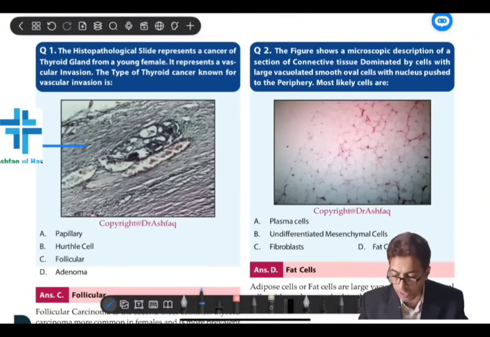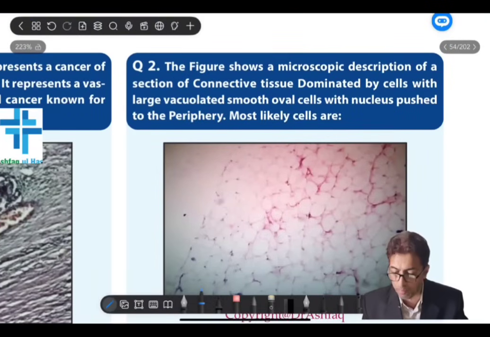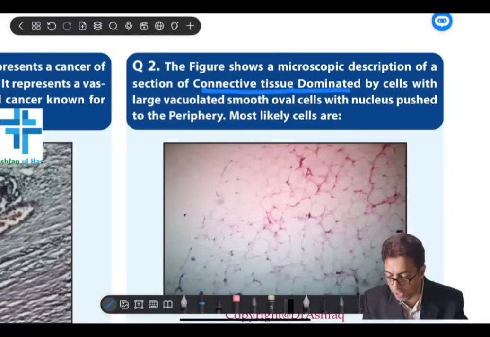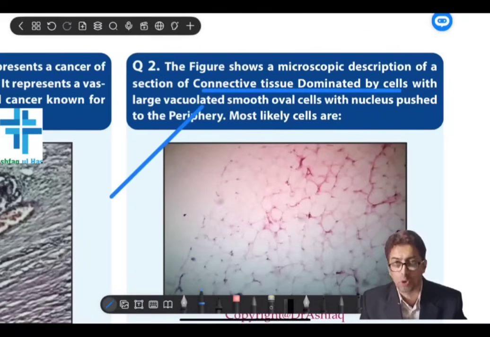Now, there is a question which has been asked. I will just try to magnify. The figure shows a microscopic description of a connective tissue dominated by cells, which are large, vacuolated. So you have to look into the points: the large, vacuolated, smooth cells, with the nucleus pushed to the periphery.